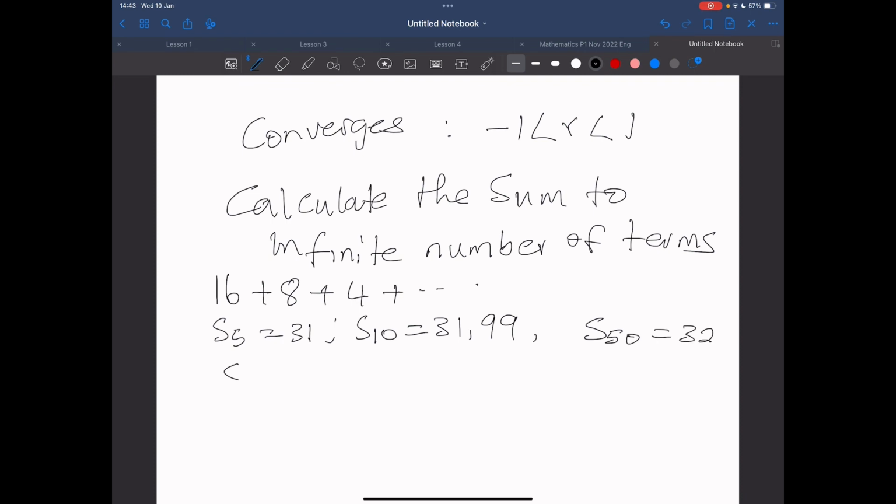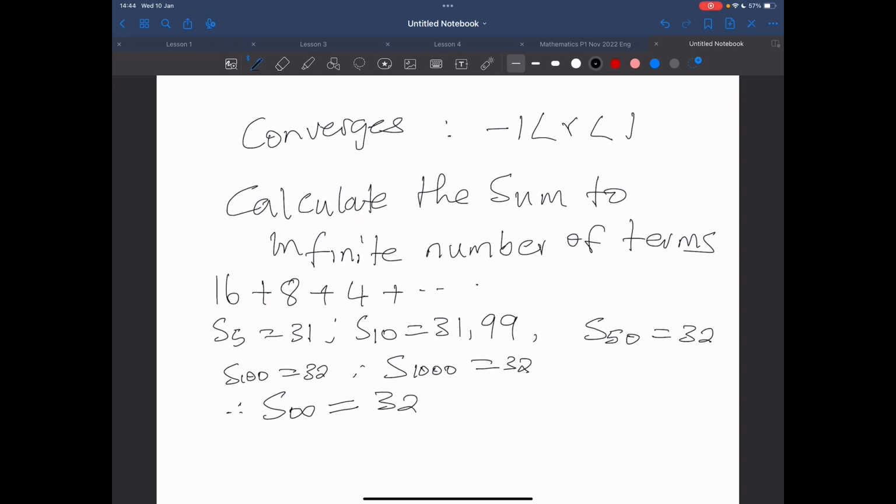And also sum 100, it gave us 32. Or even if we calculate sum 1000, we'll still get 32. So from this we can conclude that for an infinite number of terms, let's use the symbol for infinity, the sum to infinity for this series will give us 32.